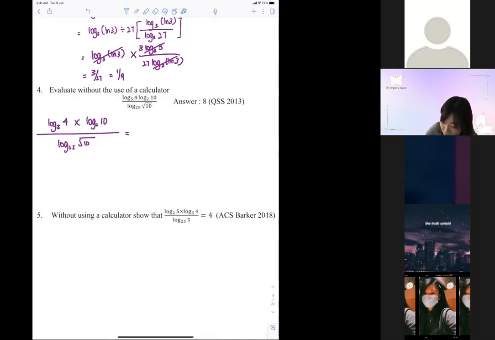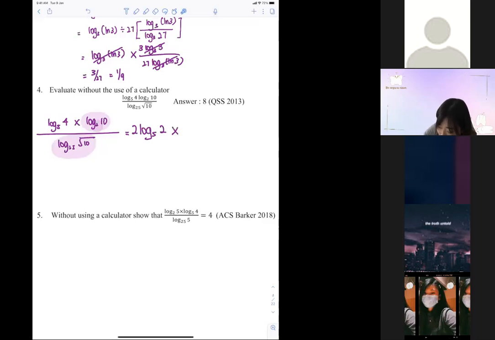Okay, so this one, slowly, I want to change this to base 5. I want to change this to base 5. Okay, so come see here. Before we can do anything, remember we must always simplify. So 4 is 2 square, right? I can also bring the power down, 2 square.